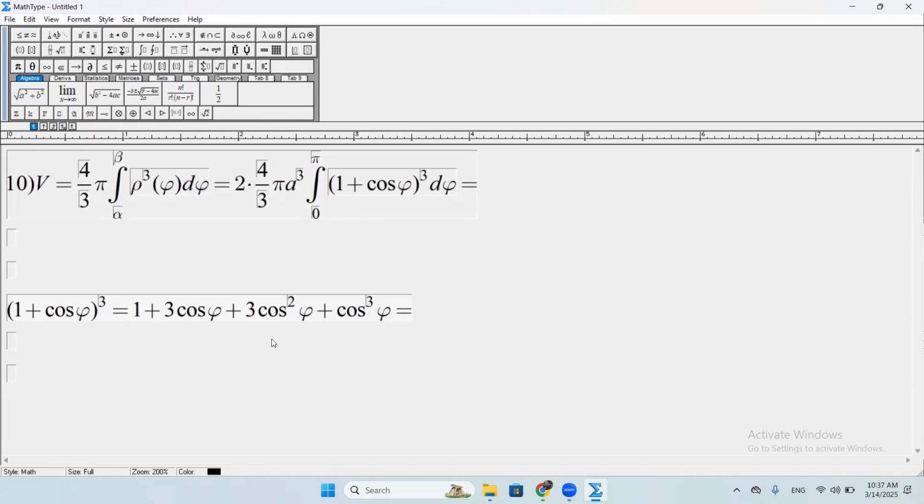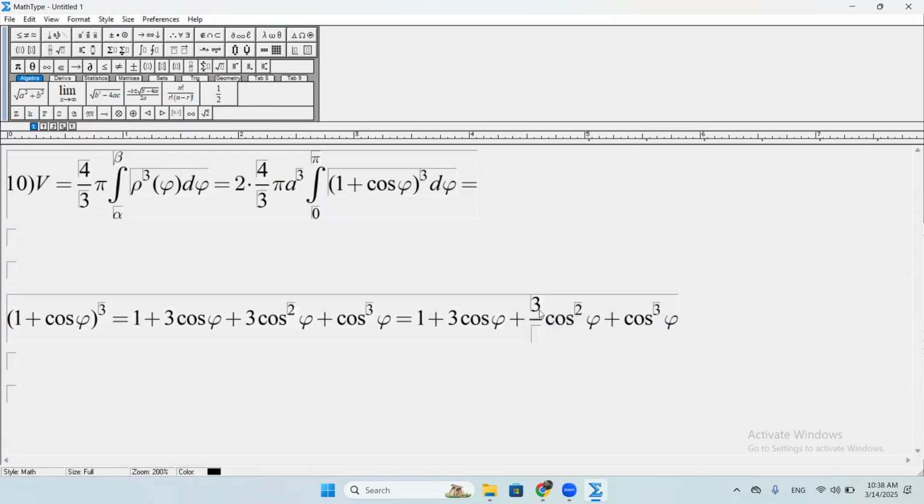So let's modify it. What is interesting for us is that we will reduce the degree of this expression. So plus 3 over 2 plus 3 over 2 cosine of 2 phi.